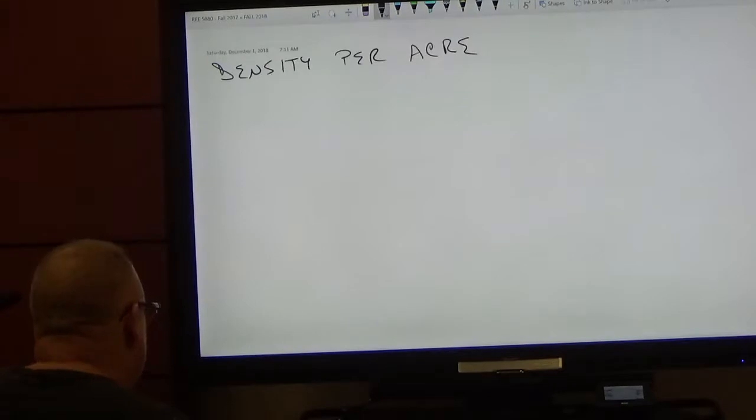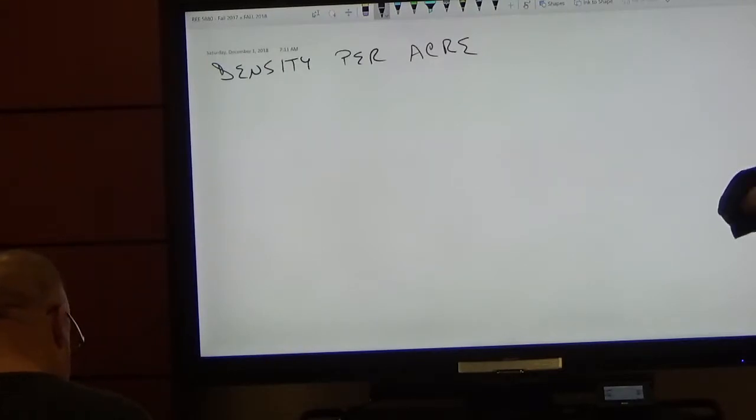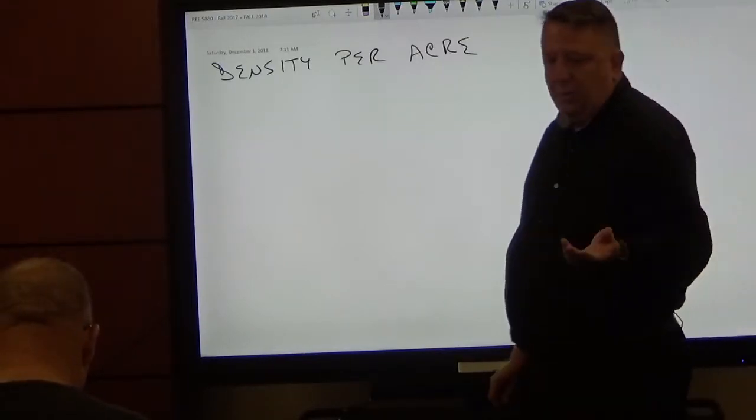They may say you can build X number of square feet or X number of units per acre, or you can have potentially a site coverage ratio, a certain percent, or a certain floor area ratio, all these things that in some cases almost seem arbitrary.